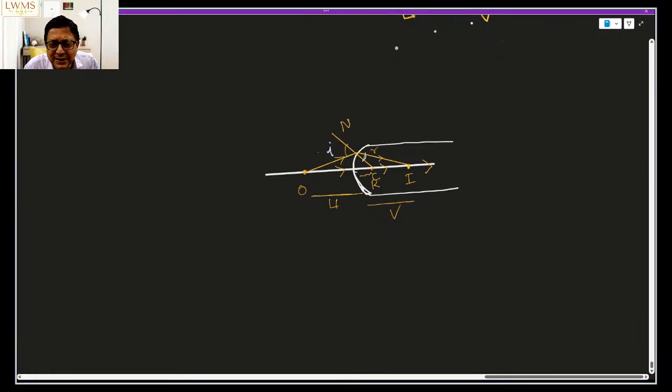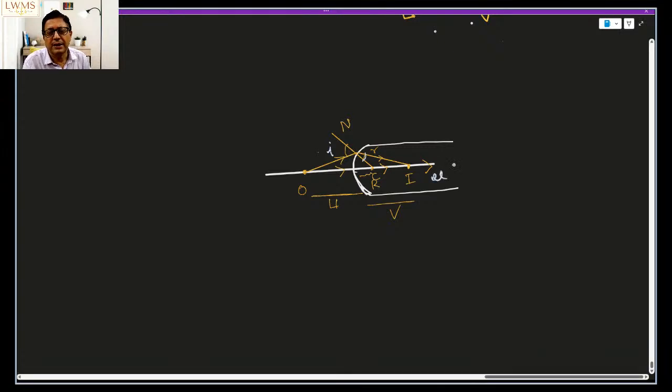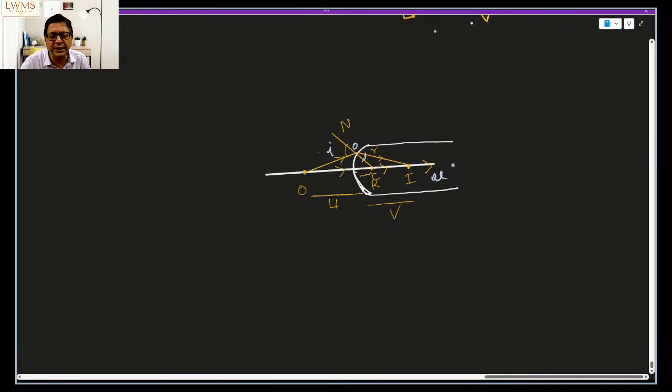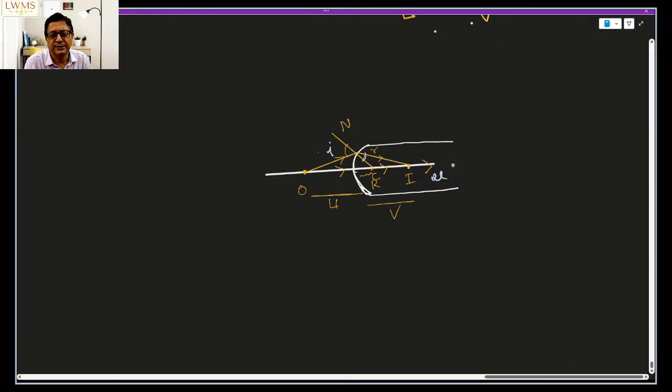Mu is the refractive index here. Consider refraction at P, this point.